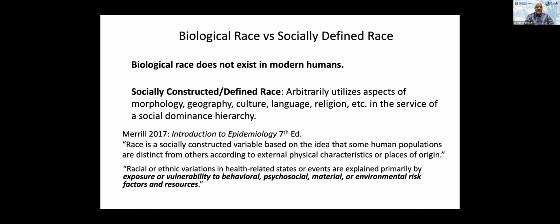Racial or ethnic variations in health-related states or events are explained primarily by exposure or vulnerability to behavioral, psychosocial, material, or environmental risk factors and resources. So note that Merrill is not saying that these conditions result primarily from genetic differences between these groups. Next.